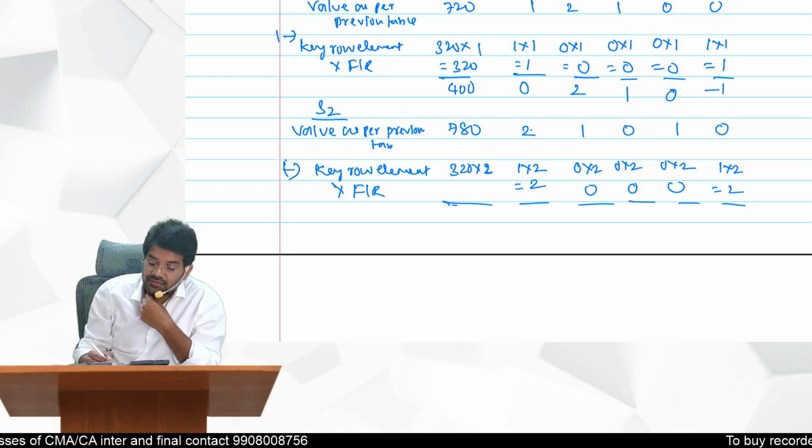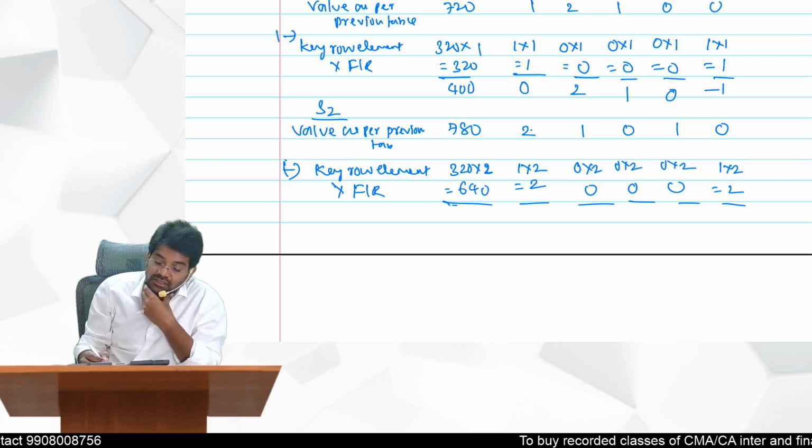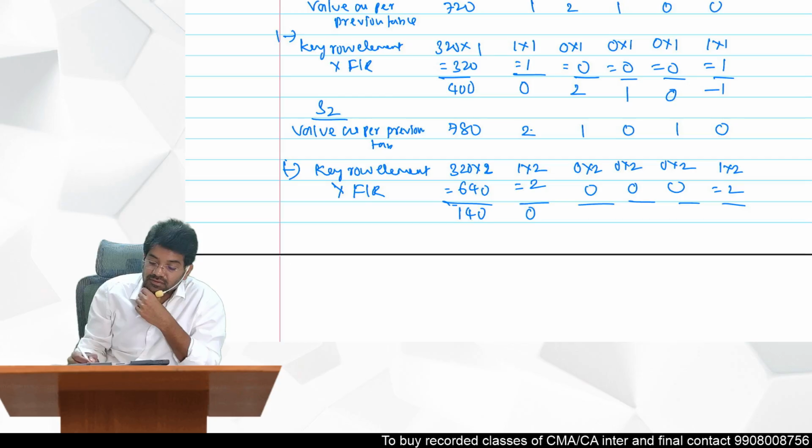This is 600, 640. So 780 minus 640 is 140. 0, 1, 0, 1, minus 2.